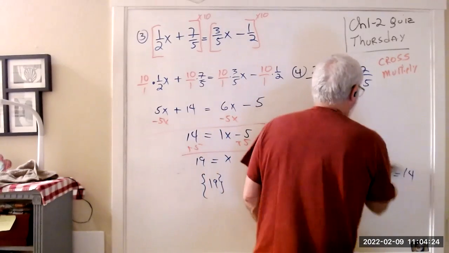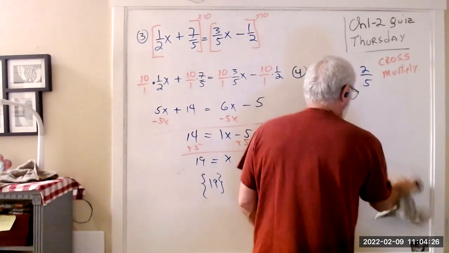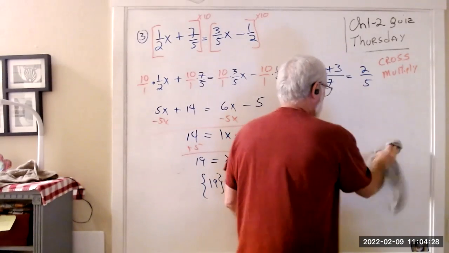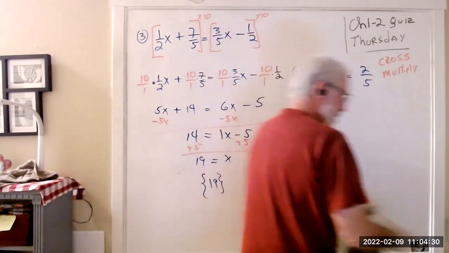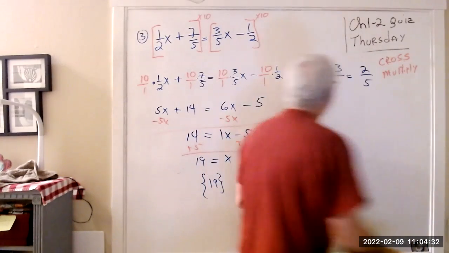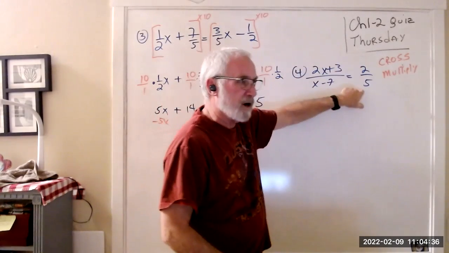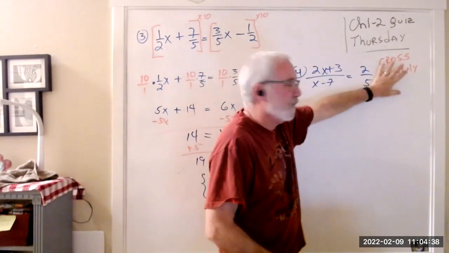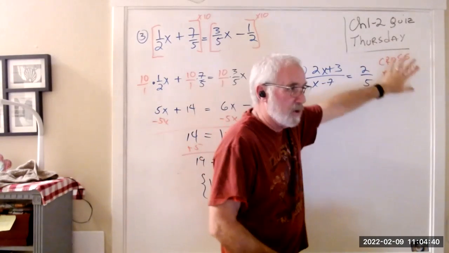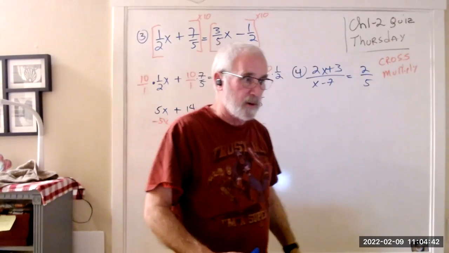So when we cross multiply, you can only do it because this is called a proportion. A proportion is when you have one fraction equaling one fraction. If there's another fraction out here, like +3 or something like that, you can't do it.